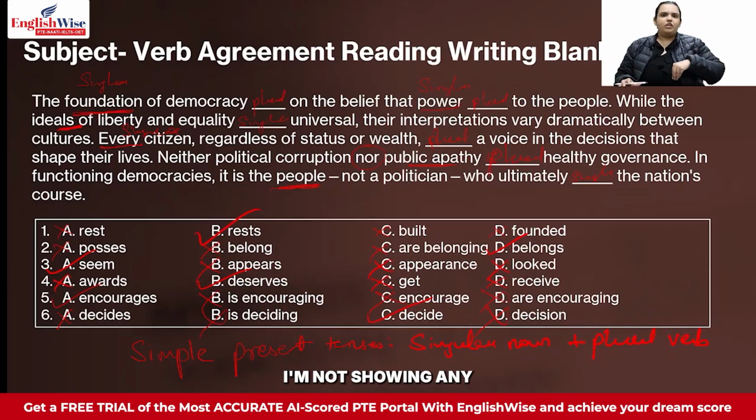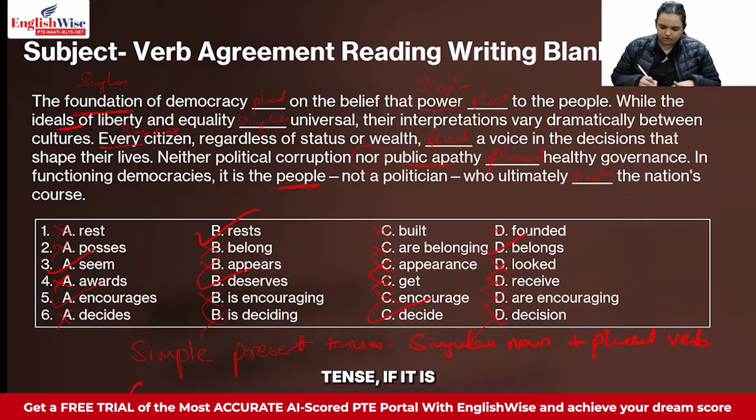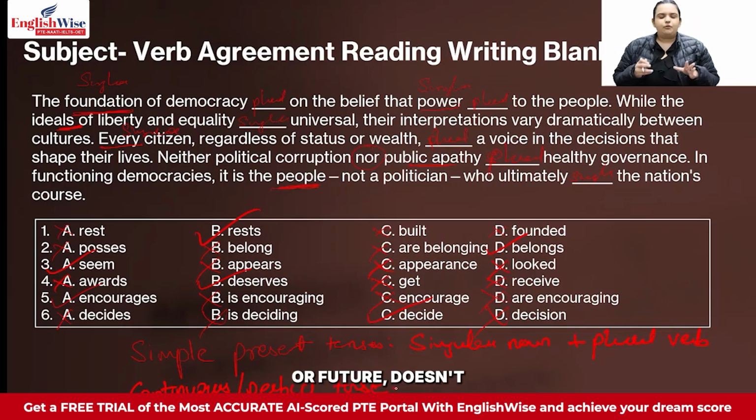I am not showing any continuous form over here or something that is already completed here. It is simple present tense. Like I eat an apple, like that. She eats an apple, like that. But if it is anything apart from simple present tense, if it is any continuous or perfect tense, be it present, past or future, doesn't matter.